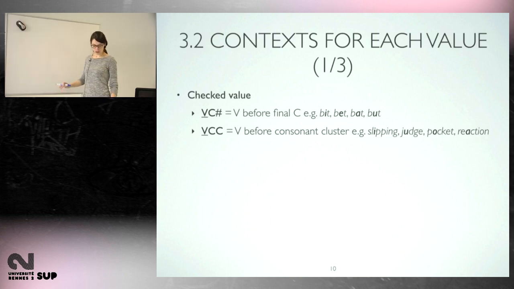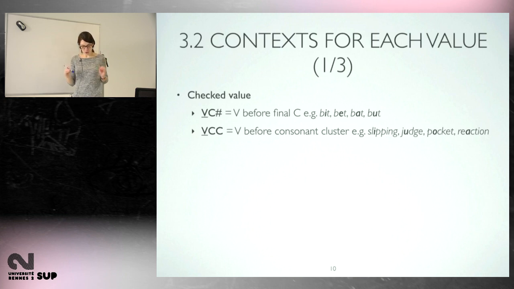So that you're completely clear about what a consonant cluster refers to, you need to know that a consonant cluster is a sequence of two consonants, or something that weighs just as much as two consonants.